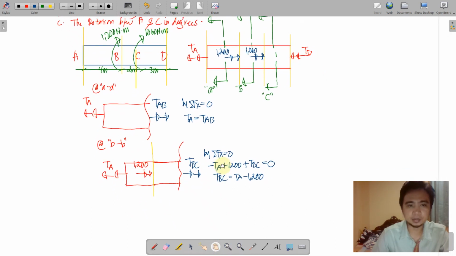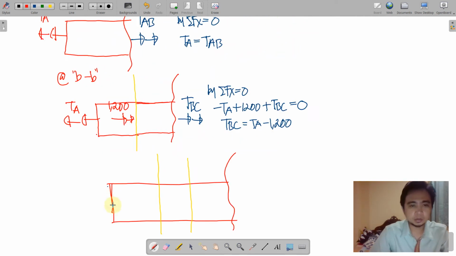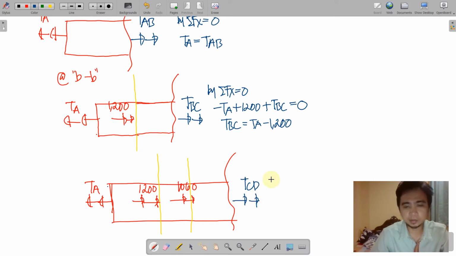So moving on to the third section, section CC. Section CC actually involves both torques at the center, including the reaction torque at the leftmost support. So again, we are going to assume a direction for the segment CD. So we have that. And then perform the equilibrium equation along the axis.